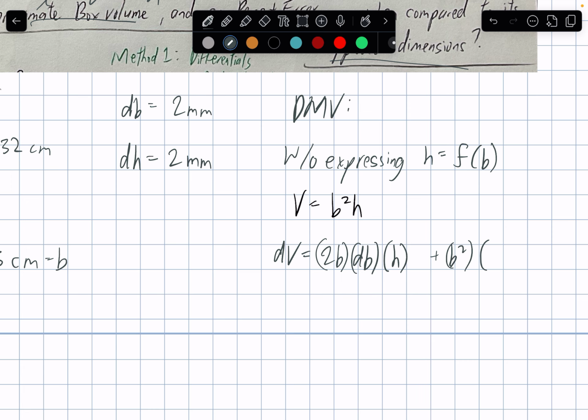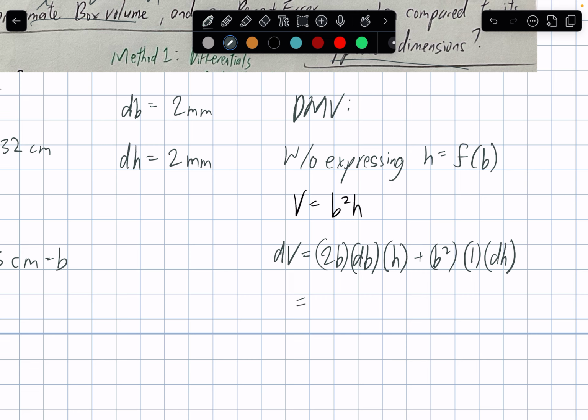So after that, just copy the height, plus b squared times the derivative of height, which is going to be 1, right? And don't forget dh. It is easier to understand that that's how you solve it, because db and dh are the ones here. Those are the given values. Eventually, we will substitute the values.